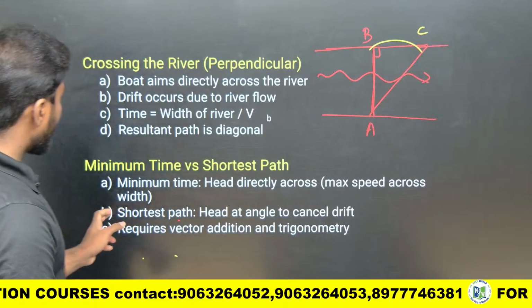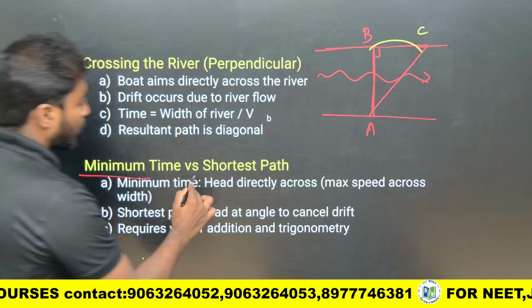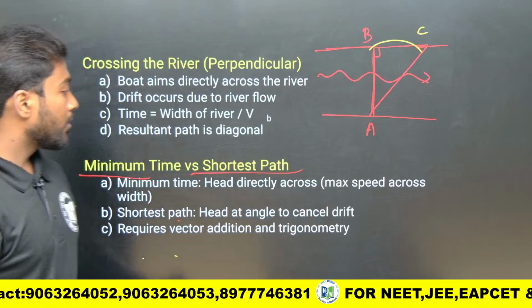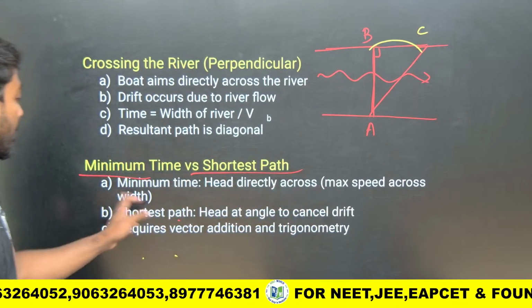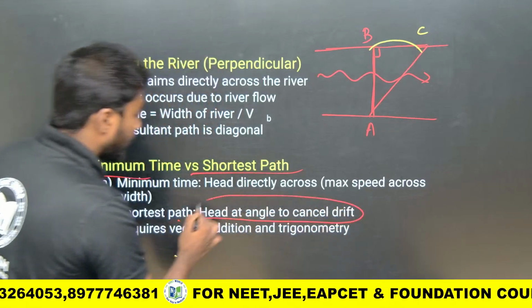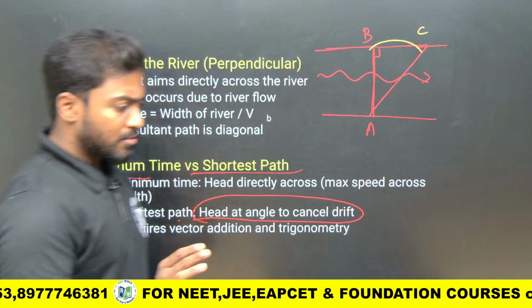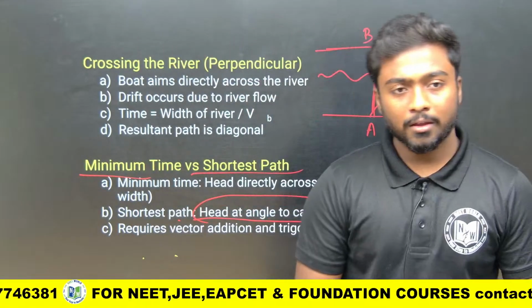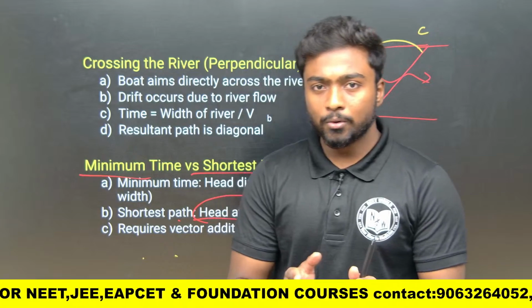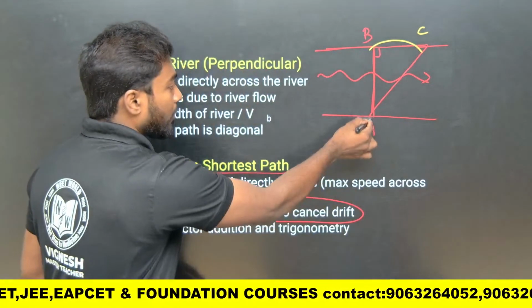For minimum time, head directly across, where maximum speed occurs. For the shortest path, head at an angle which cancels the drift. Listen guys, simple thing: if I want to go the shortest path, I need to travel in this direction.